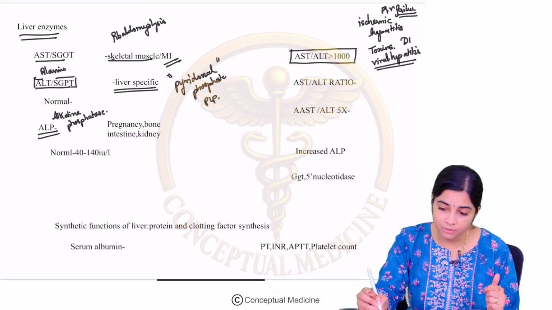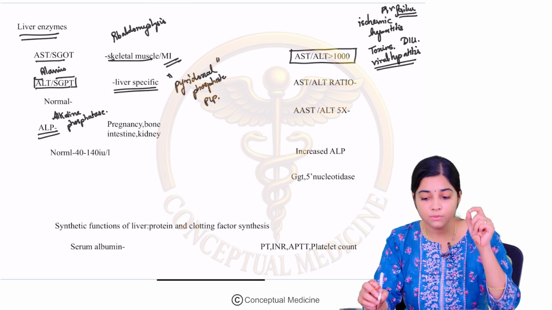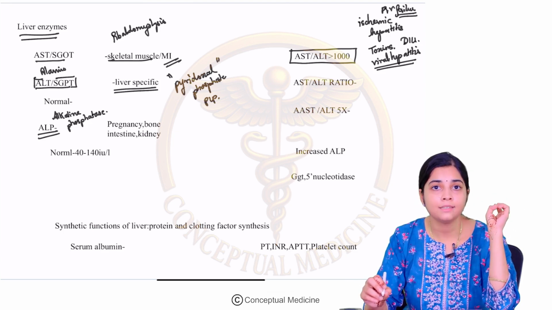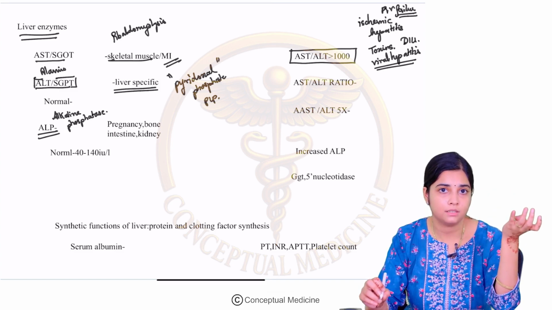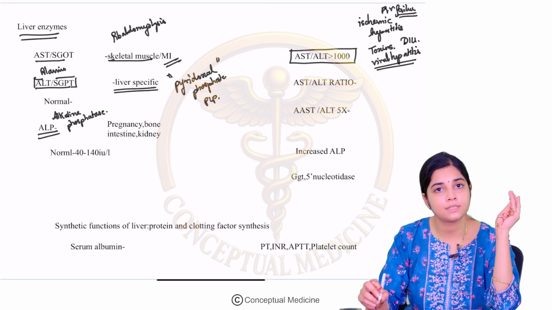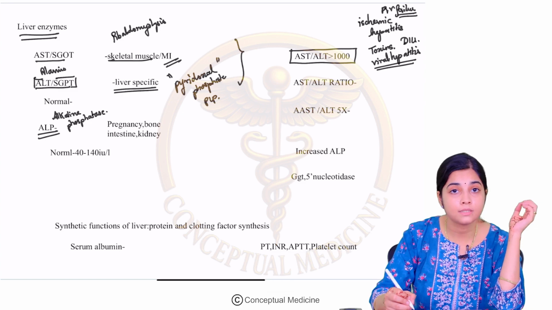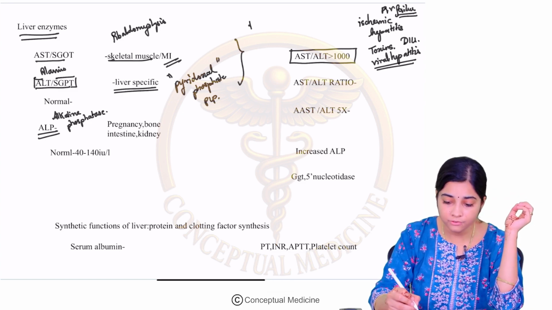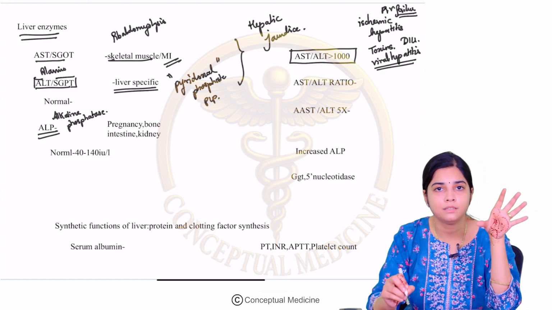Apart from that, some forms of drug-induced liver injury can also result in this. So, what are we looking at? We are looking at liver enzymes and the patterns of AST-ALT elevations. When the AST-ALT elevations are more than thousands, these are the conditions. And AST-ALT elevation is suggestive more in favor of hepatic jaundice, basically a process which affects the liver.